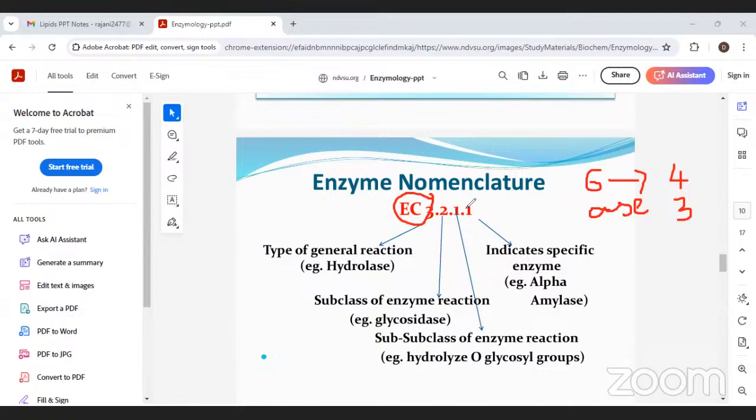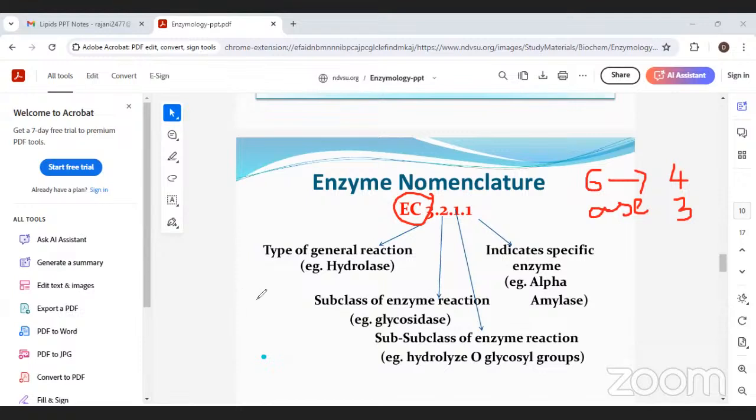For example, EC 3.2.1.1: 3 denotes the class, hydrolase enzymes; the second is the subclass, glycosidase; the third is the sub-subclass, acting on glycosyl groups; the last indicates the specific enzyme, alpha amylase.